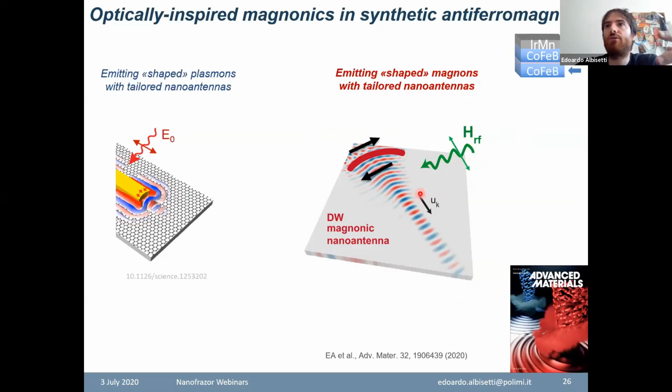And as I will show you later, the shape of the spin waves that are generated matches very well the shape of the spin texture that we wrote. And since we can control very well the topology, the position and the structure of the spin texture, then we can hope to control very well also the shape of the wavefronts and to perform some kind of manipulation on the spin waves that you can generate with the spin texture-based nanoantenna.